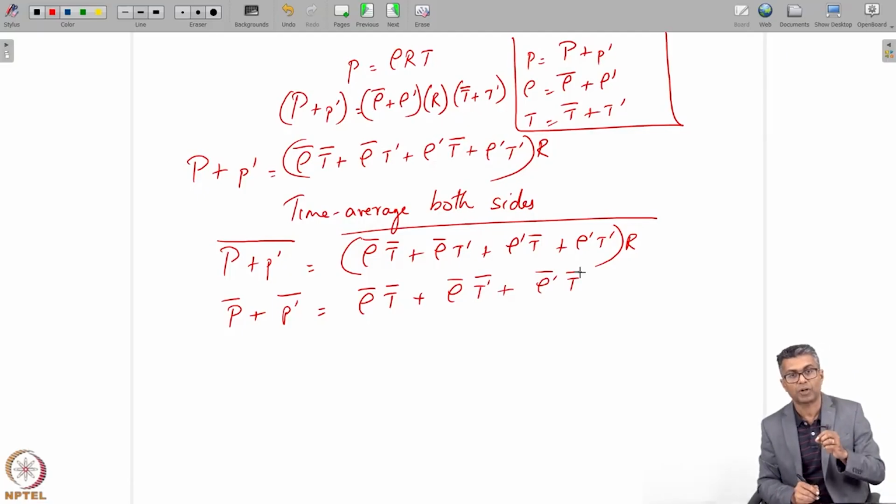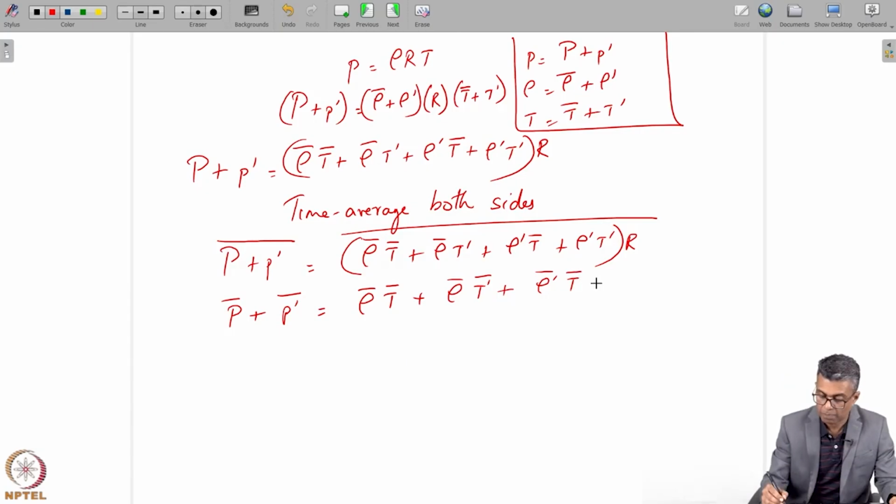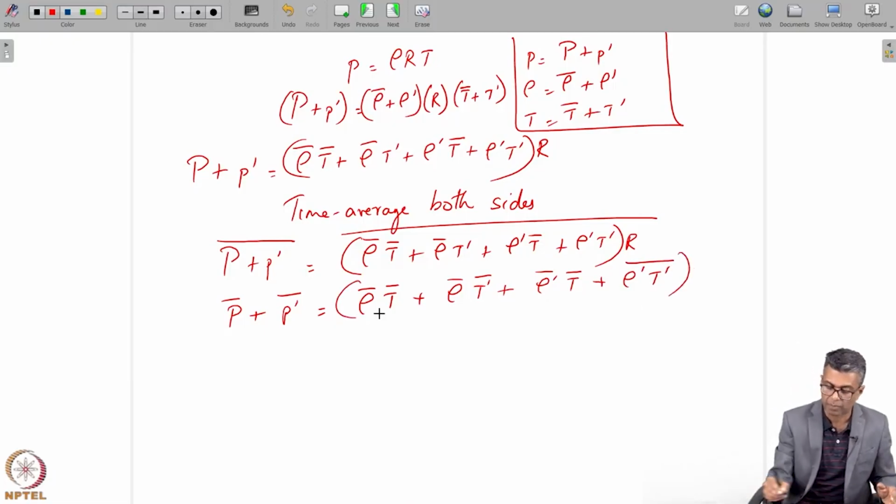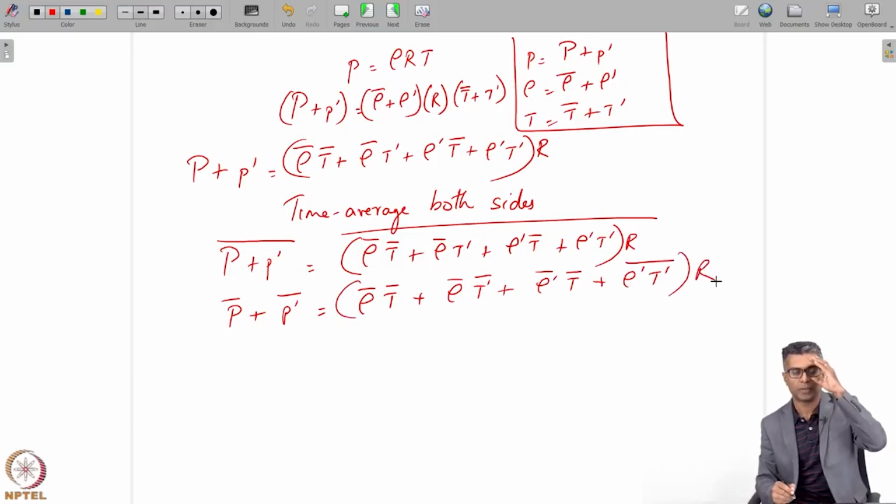Because the average of T bar, when you take an average of it again, you still get T bar again. But the rho prime, when you're taking an average, you get rho prime bar plus rho prime T prime. Now that's a correlation. You will have to take an average of both of those, and that you cannot split. This whole thing multiplied by R, of course.